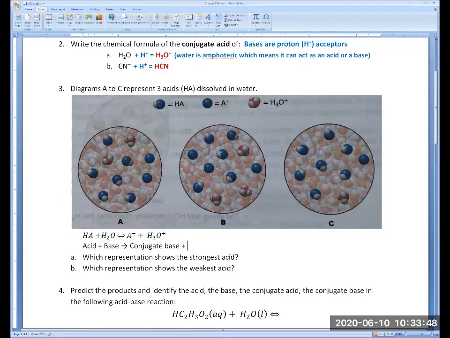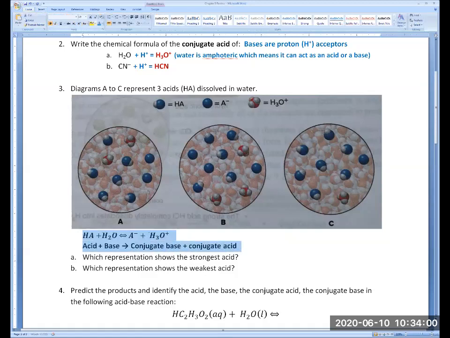And then H3O+ is the conjugate acid of the base. And the base here was water, right? So let's put all of this in blue. So the H3O+ is the conjugate acid of the base, and the base was water. So that's how you want to see that.